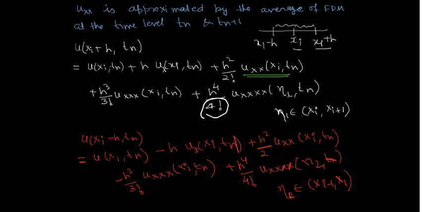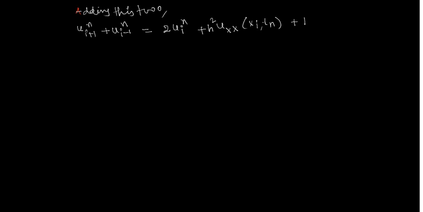So we'll get h4 by 12 times the fourth derivative at some eta, where this eta lies between xi minus 1 and xi plus 1.